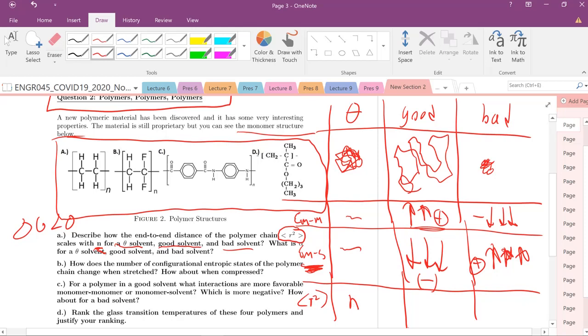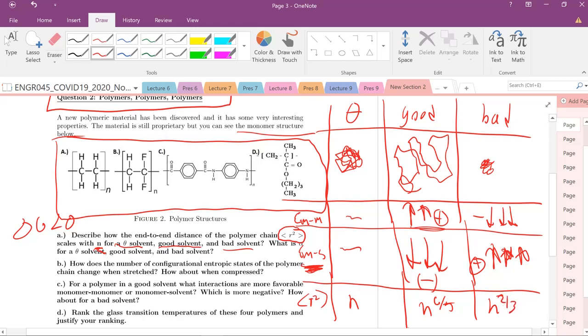For this year's class, due to the remote teaching transition, we didn't really talk too much about the scaling with N, so that's probably not going to be a question you see on your exam necessarily. The good solvent scales as N to the 6/5, and the bad solvent as N to the 2/3.